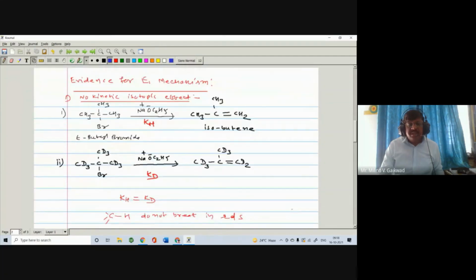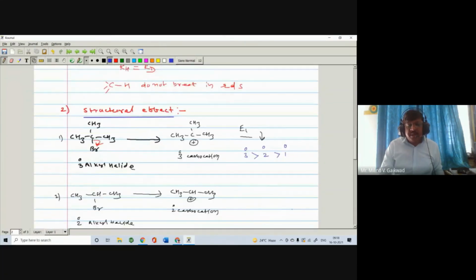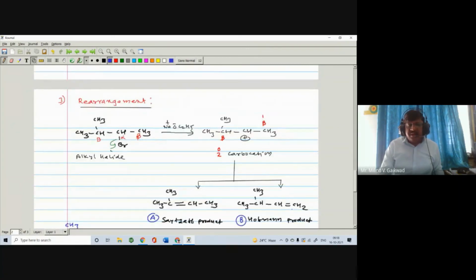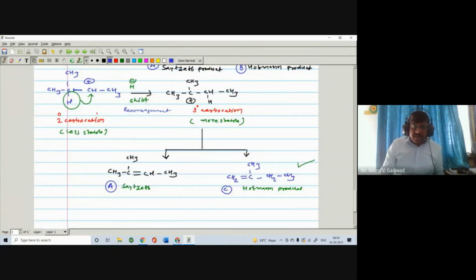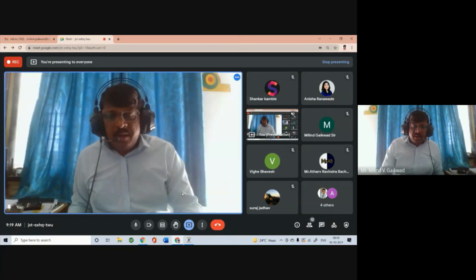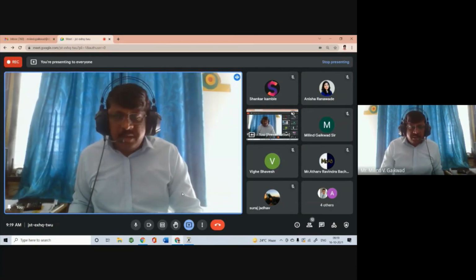Then we saw the evidence: no kinetic isotope effect, structural effect, more crowding. Then there is E1 and SN1 mechanism, and a rearrangement reaction if the structure permits. So one more evidence you have to see: if there is an absence of a beta hydrogen atom, whether the E1 mechanism is possible or not.